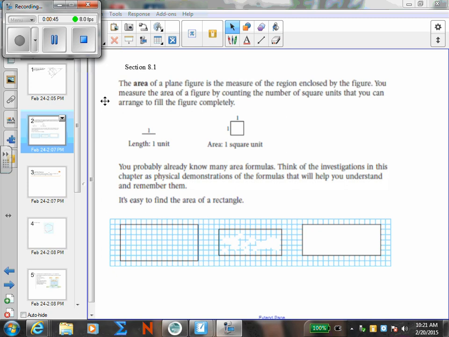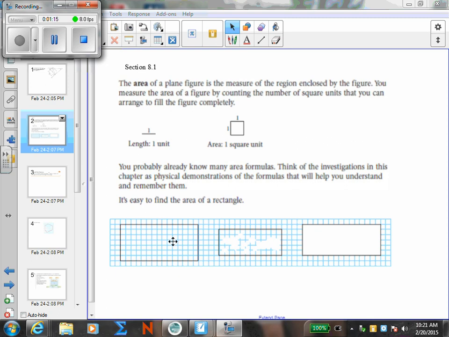So if we're talking about length, 1 unit, whether it be centimeters, inches, feet, yards, whatever the length is, a square unit would be just making a square out of the length of whatever your unit is. So the area that it takes up is how many square units are in the figure. Okay, so you would just count the number of squares in this rectangle.